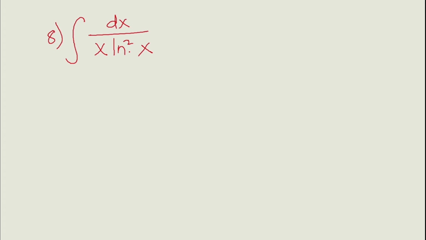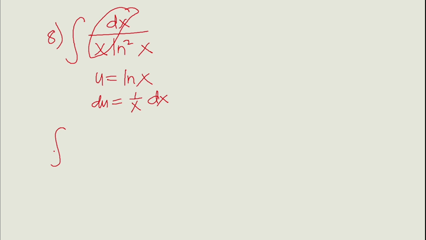So our u is equal to ln x. Our du is equal to 1 over x dx. Since we have 1 over x dx, we could cater dx over x.